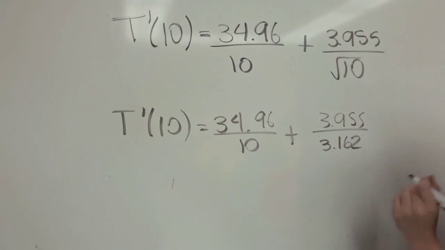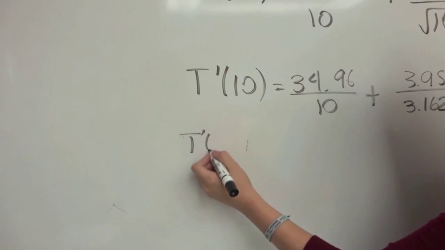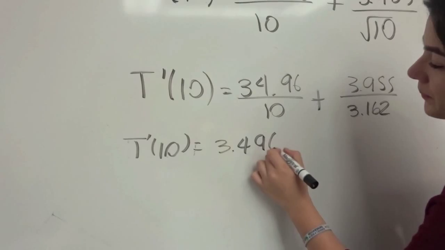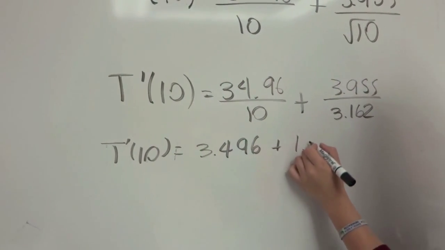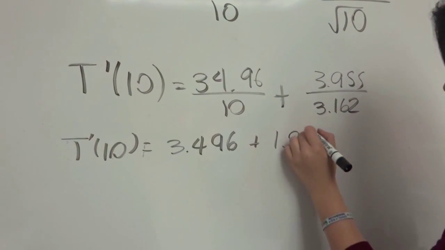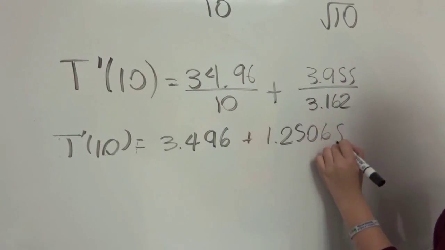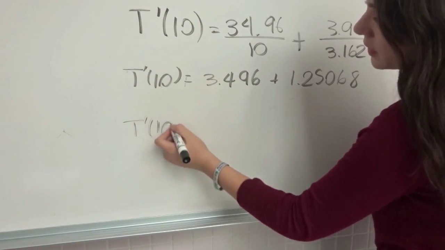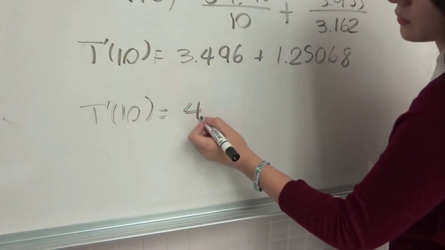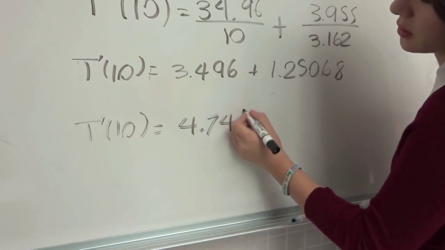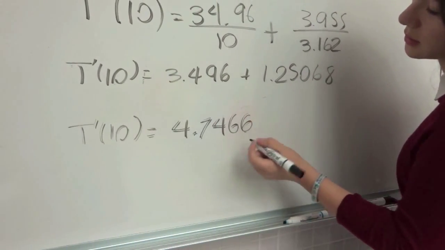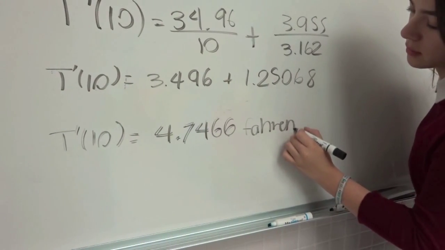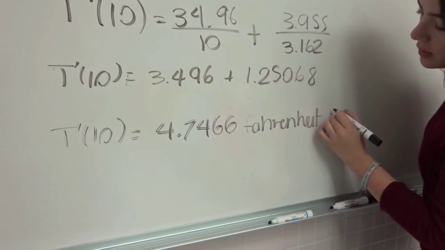We change the square root of 10 into decimals. Now we divide, and this is what we get. So now we add, and our answer would be 4.7466.